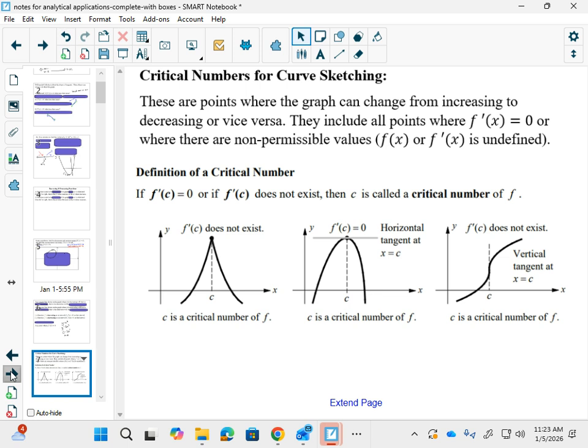If your derivative is equal to 0, you're either going to have a maximum or a minimum, or we're going to eventually find that in the x cubed graph. We're going to call that one a stationary point of inflection. But important things happen at critical numbers. If the derivative doesn't exist, sometimes we have a corner or a cusp.